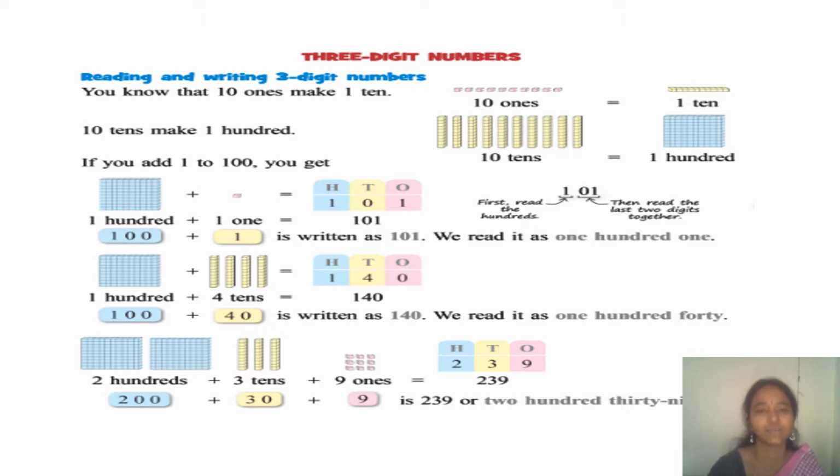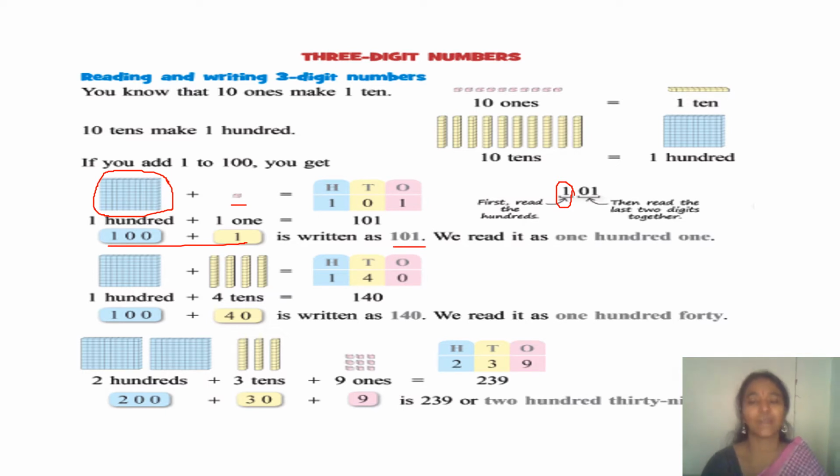See, this square consists of 100 small squares, so 101. It is written as 101. We read it as, see here, first read the hundreds number and then read the last 2 digits together.